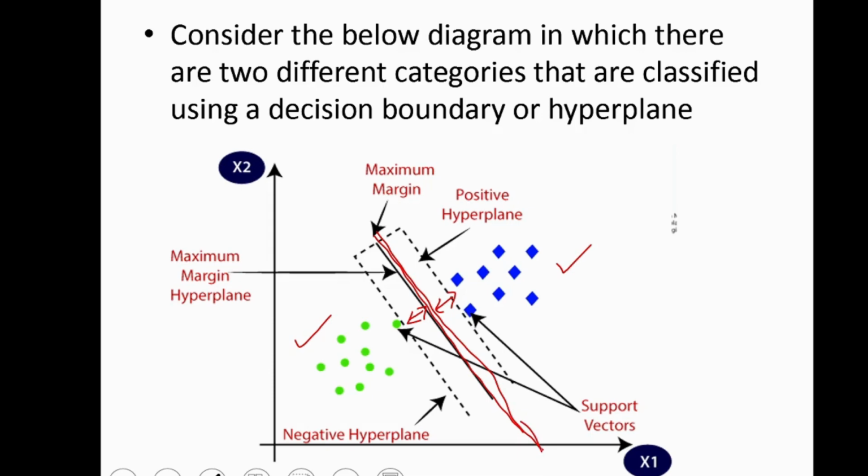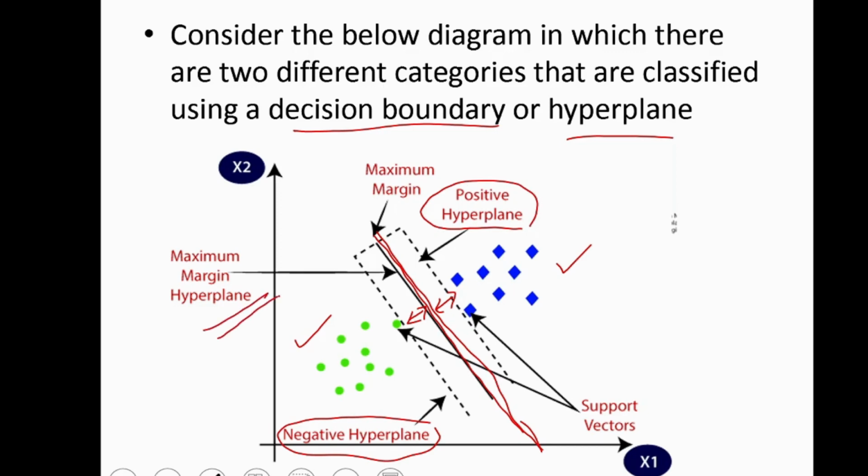It is not towards one class or towards the other. This is called the decision boundary or the hyperplane. This decision boundary gives us an exact idea of where a point can be classified into the two classes. This is called the negative hyperplane, and this is called the positive hyperplane, and this will give us the maximum margin.